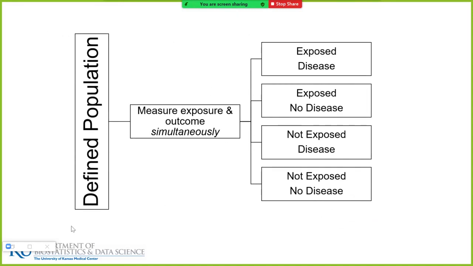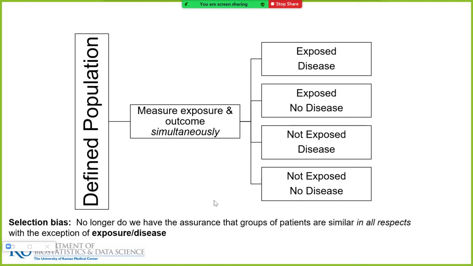So notice there's no time axis here. We just define the population. We collect information on lots of different exposures and lots of different outcomes, lots of different diseases usually. And then we classify them into different groups to look for associations between certain exposures and certain outcomes.